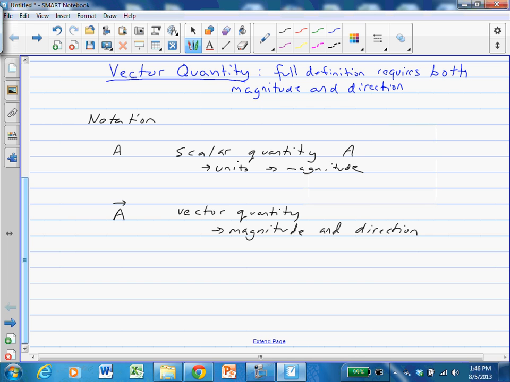Sometimes you're interested in only the magnitude of a vector quantity. In that case, you put your vector in between two absolute value like symbols, two bars, and that means magnitude of a vector quantity.